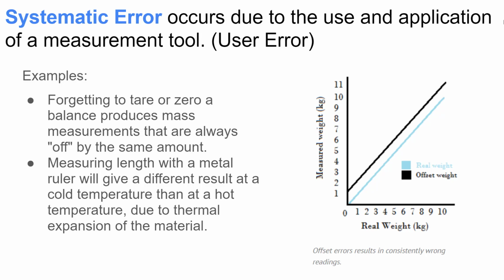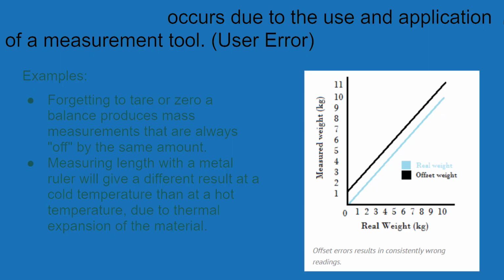Another way this error may present itself is in the scale factor form, where the tool that you are using is causing the measured value to be proportional to the true value. The reason that this is so important is that if the measured value increases, the more inaccurate the measurement actually becomes.